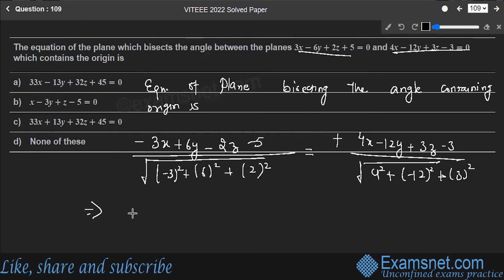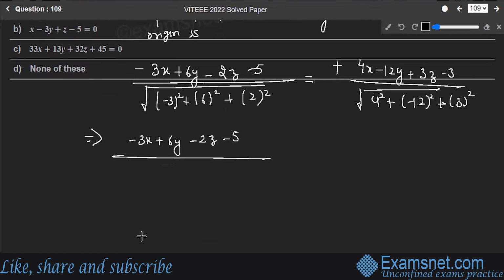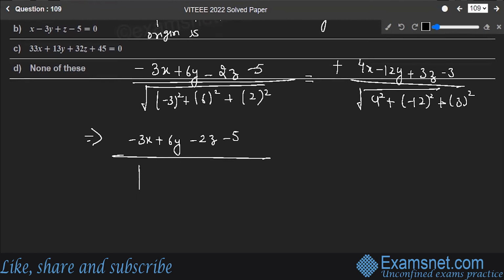This gives you minus 3x plus 6y minus 2z minus 5, whole divided by root of 9 plus 36 plus 4, 9, 36 and 4. This is equal to 49.